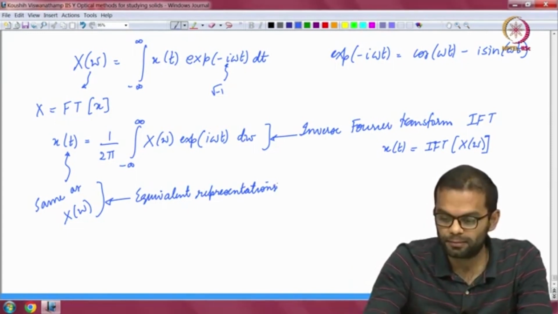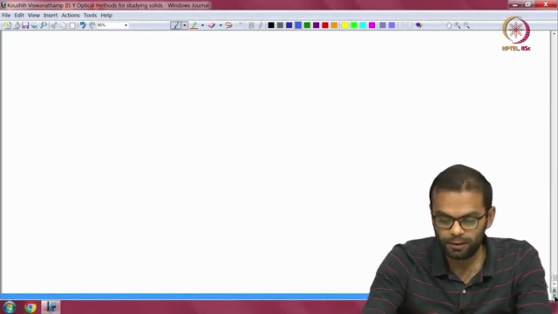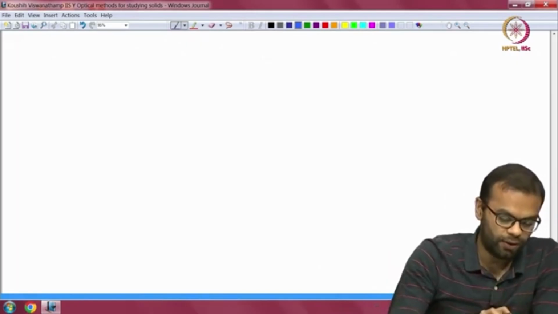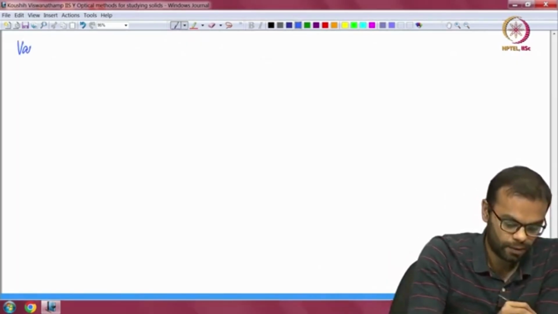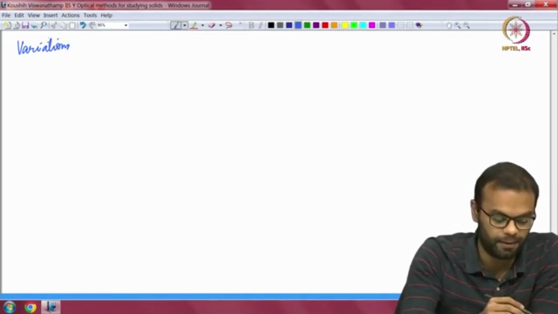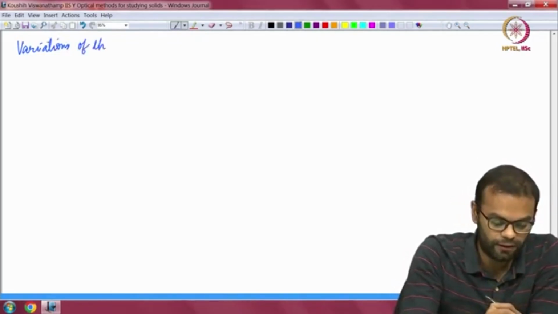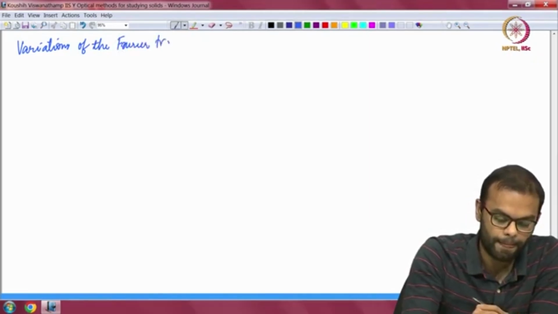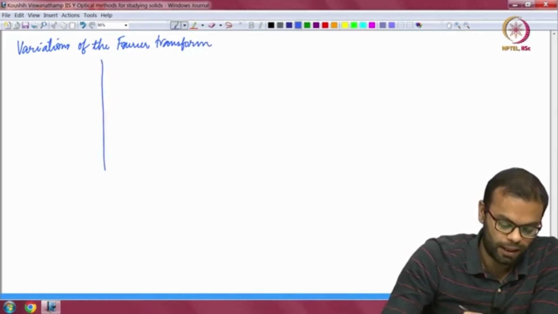Okay. Good. So, let us look at a few different variations, and the reason these variations are important is because they come up in practical implementations. So, we will look at the variations of the Fourier transform. So, I am going to draw a table here.